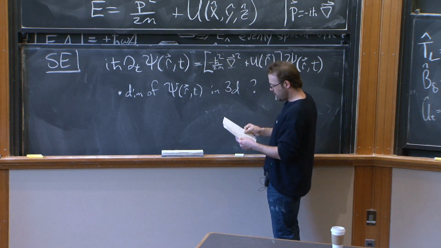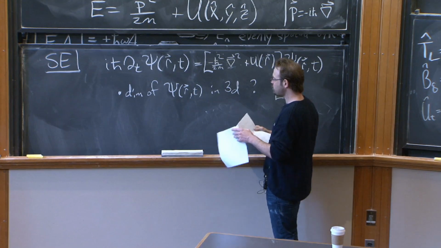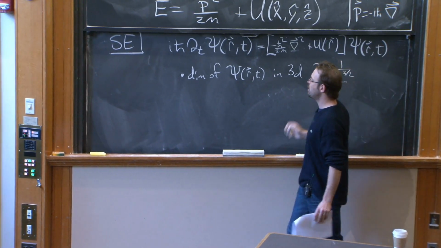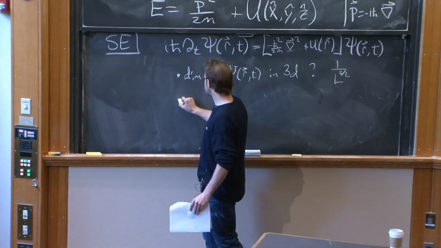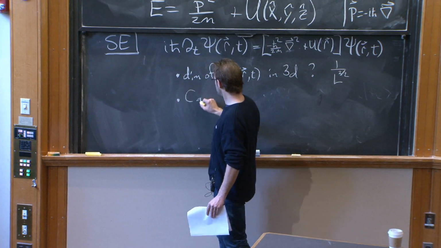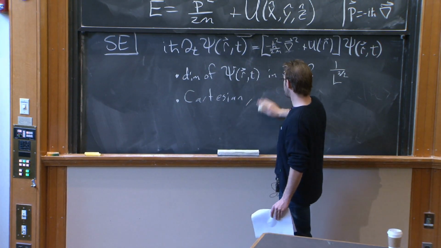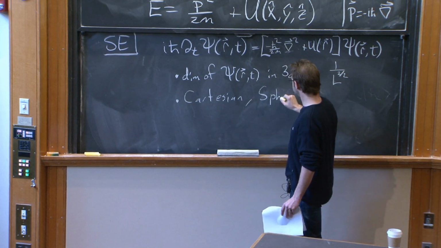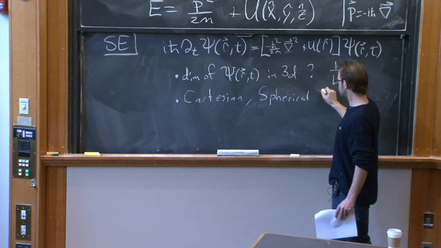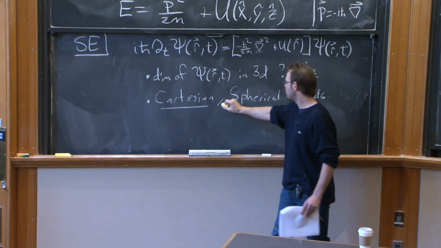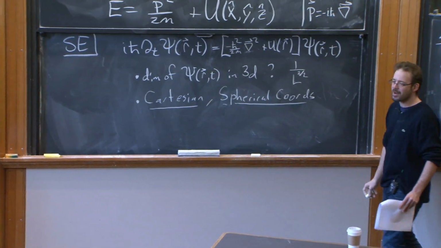Okay. And as you'll see on the problem set, and as we'll do in a couple lectures down the road, it's sometimes convenient to work in Cartesian, but it's also sometimes convenient to work in spherical coordinates. And here's a really deep statement that goes way beyond quantum mechanics. It does not matter which coordinates you work in.